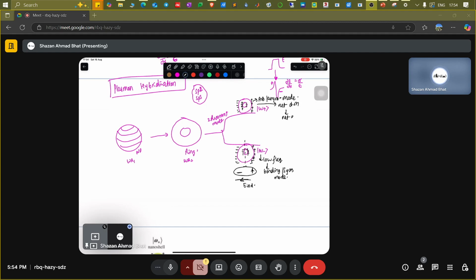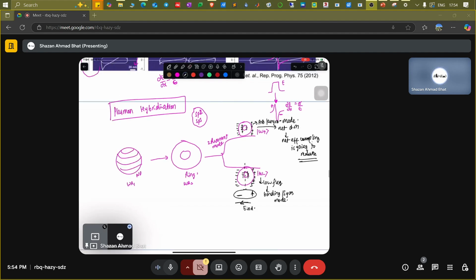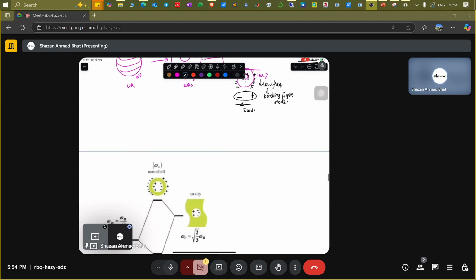So the net effective coupling is going to reduce. Okay, why is it happening here? In this particular case, the net dipole moment is going to increase.